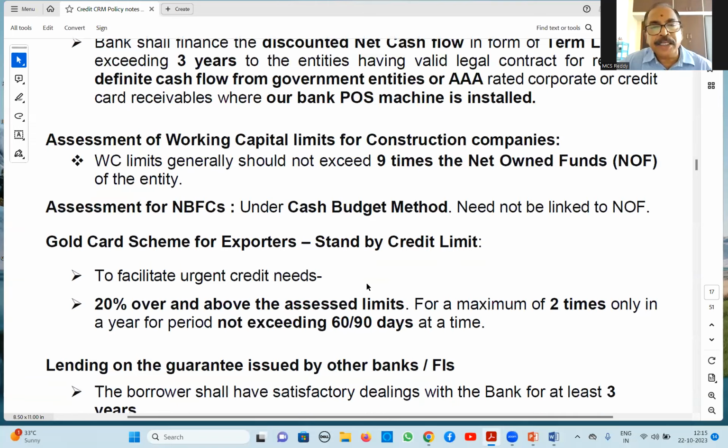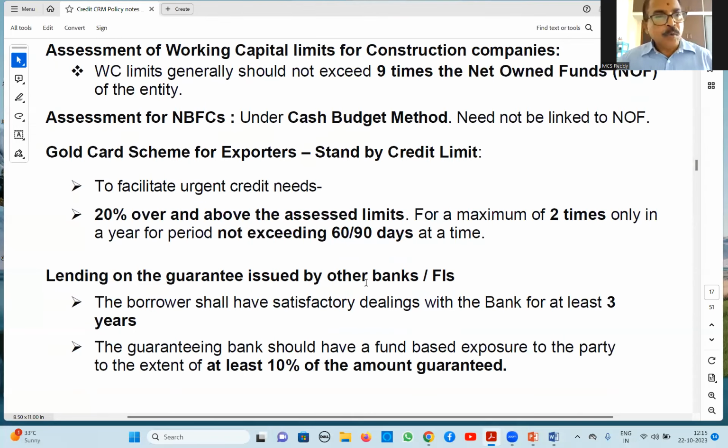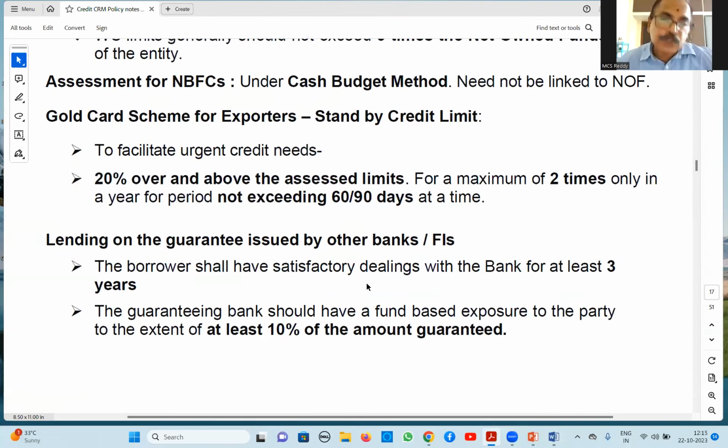Gold card scheme for exporters. Normally, while sanctioning working capital limits to exporters, we sanction a standby credit limit also. This is a standby credit limit of working capital. Term loan is separate, I will discuss it in MSME schemes. This is the standby credit limit of working capital for gold card exporters.